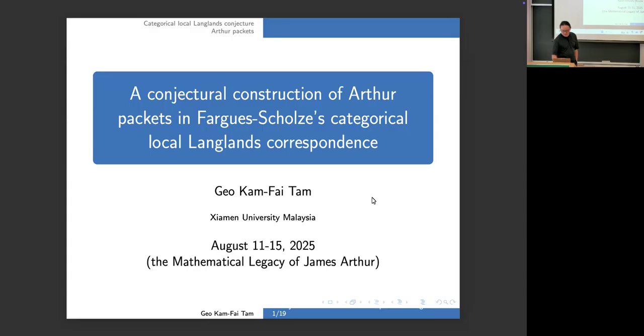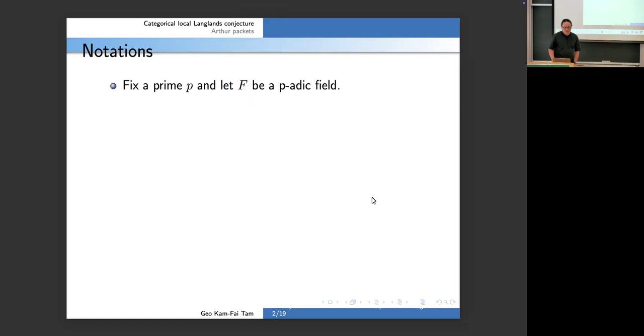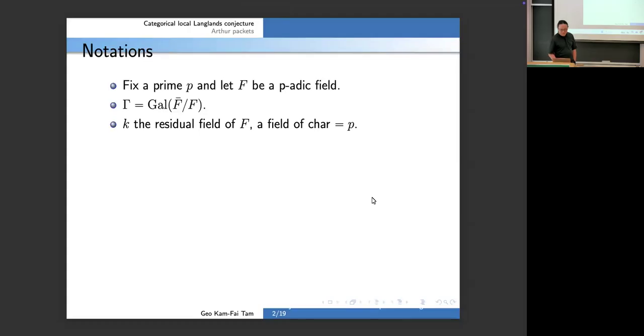So first of all, I give some notational setup. We fix a prime number p, a rational prime number, and let F be a p-adic field. This capital Gamma is the absolute Galois group of F. Small k is the residue field of F, and we know it's a field of characteristic p.